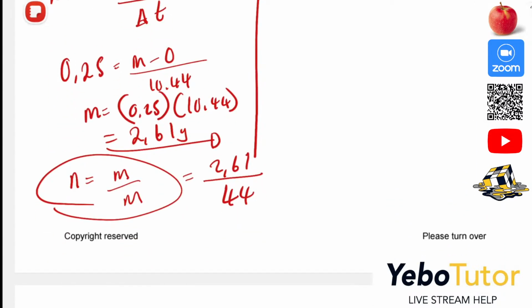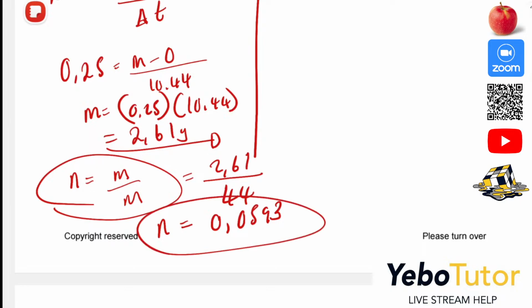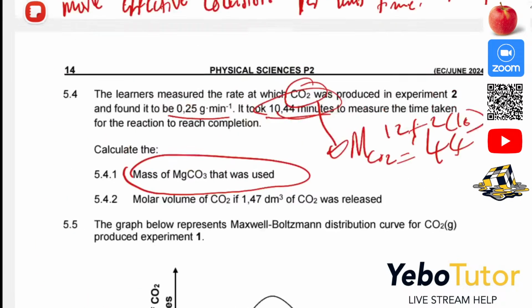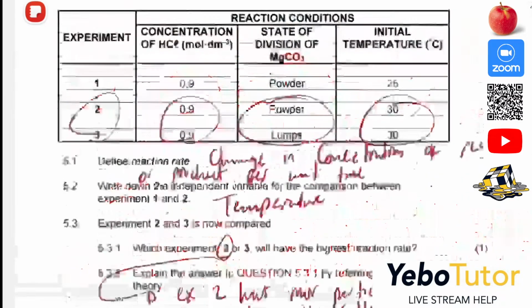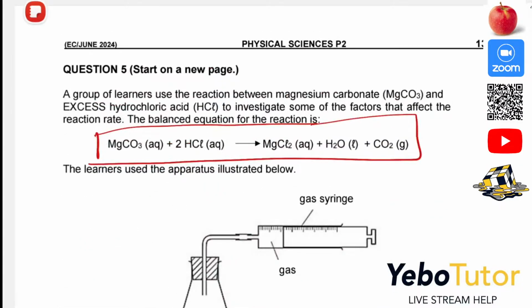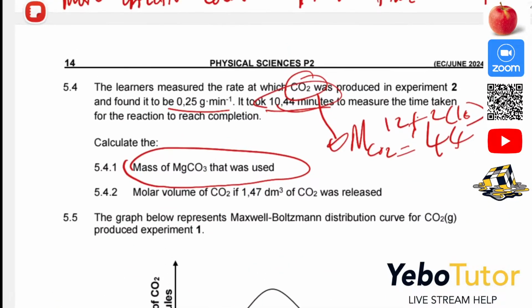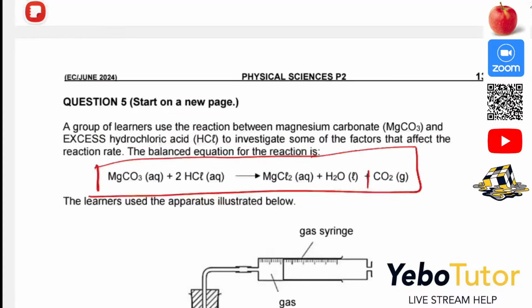Please don't be confused. Then I'm using my calculator right now, and I'm getting the number of moles to be 0.0593. Okay, that will be my number of moles. Now let's do the ratio. Now let's see our balanced equation. Okay, we can see that it's 1. Now the question wants us to calculate the mass of MgCO3. Where is MgCO3?